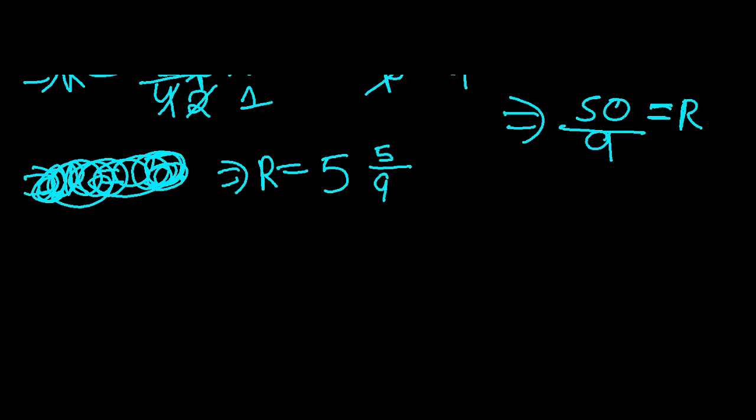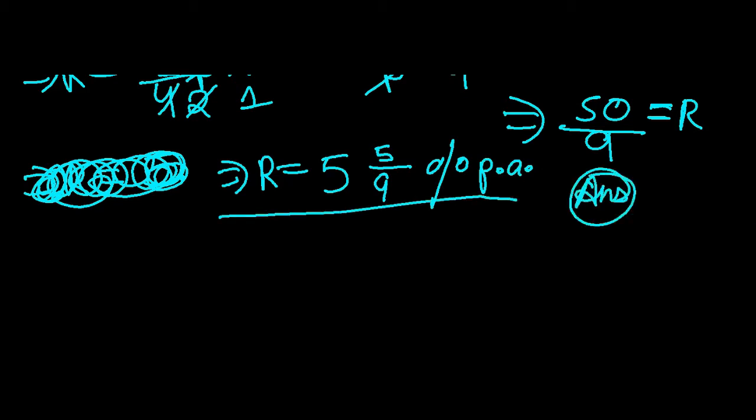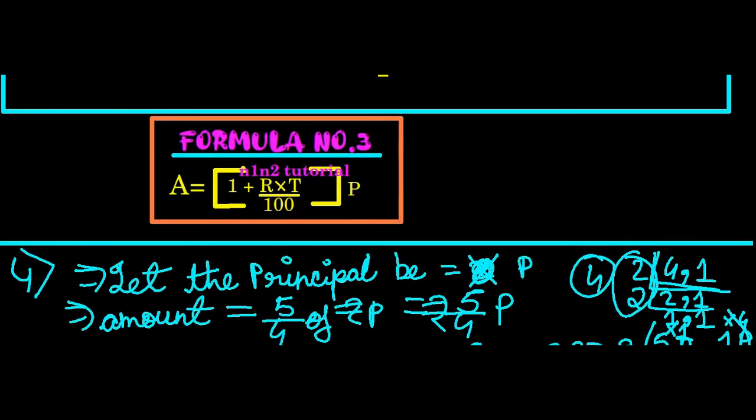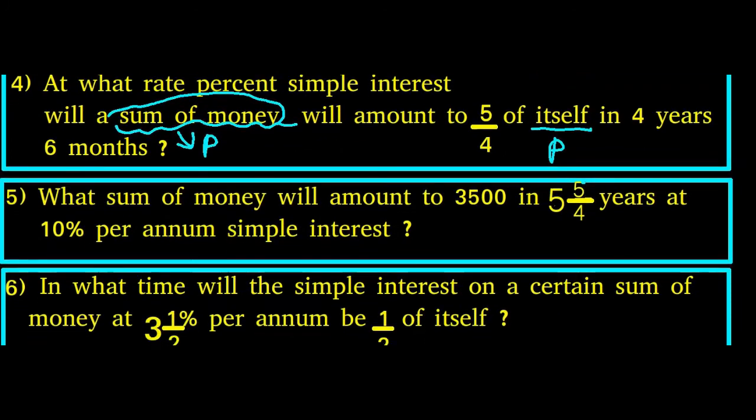So the rate percent is 5 5 by 9% per annum. Friends, this is the answer. We can write it as mixed fractions, and we can also write it as decimals. So we have solved sum number 4, and now we will be solving sum number 5.